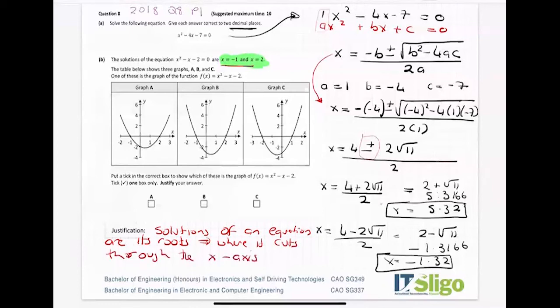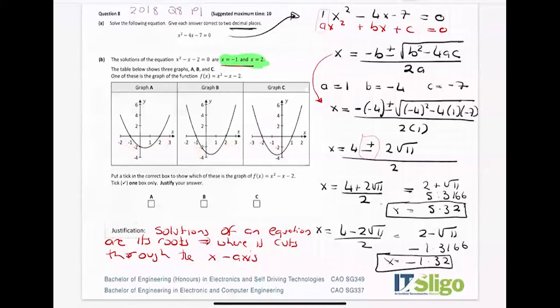Okay, so these were kind enough, they didn't ask me to solve the equation, they gave them to me. So x is minus 1. So it could be that one, that's a -1, that's a -1. It's not that one because it's not cutting through at -1. And the other one is 2, which is here and here.